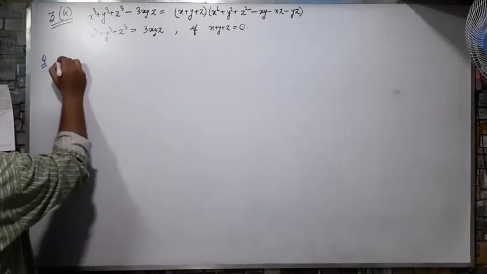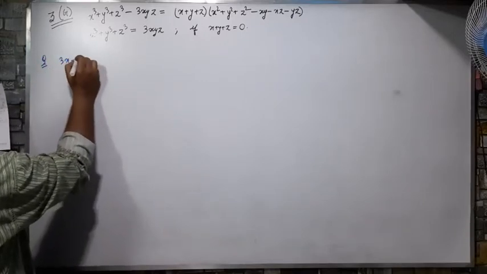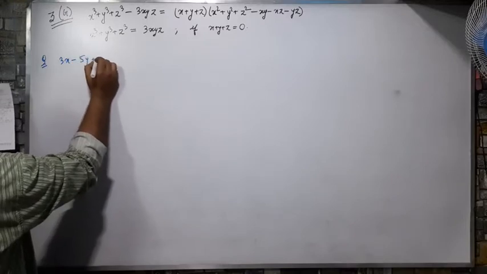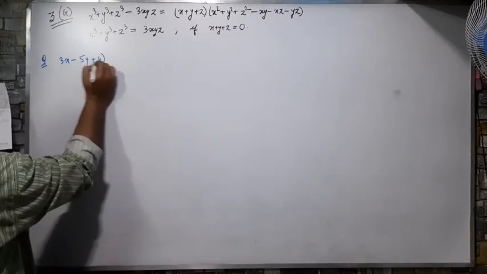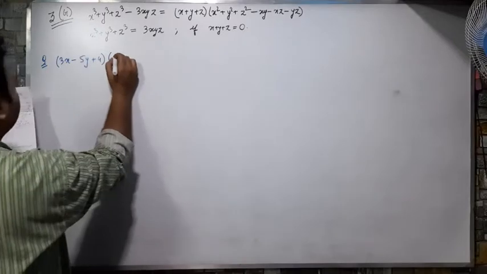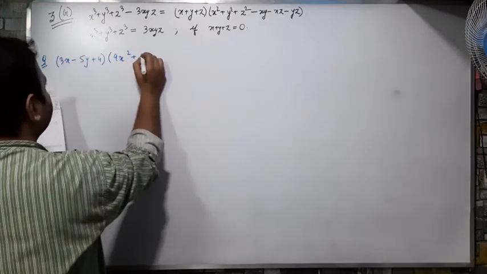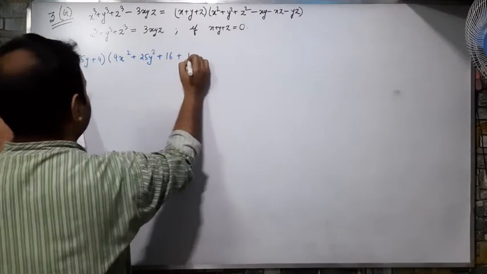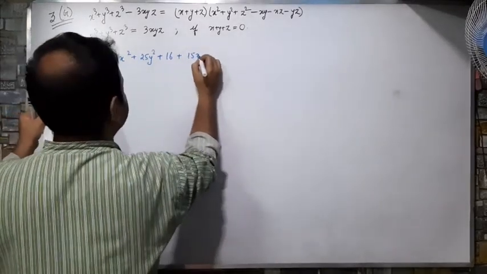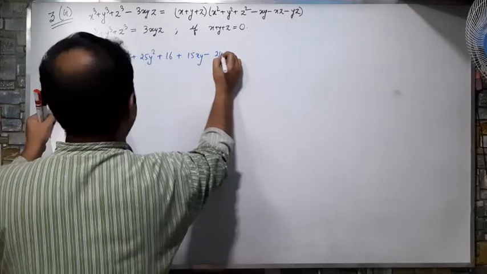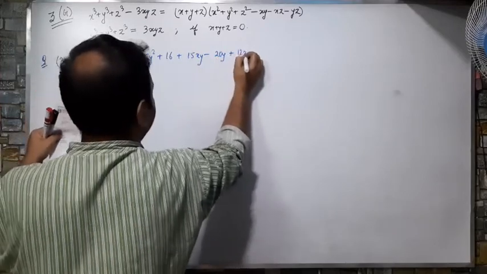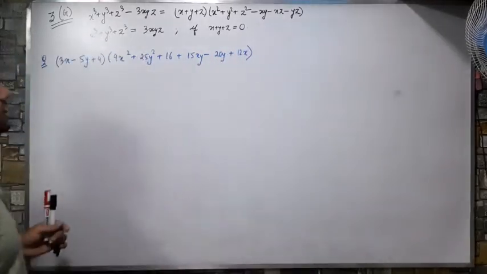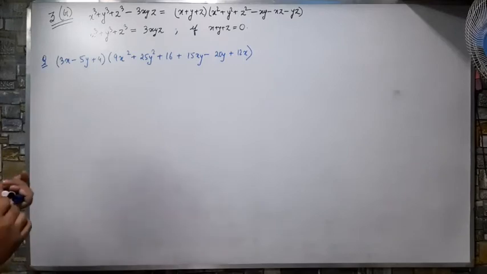The first question, 3x minus 5y plus 4 into 9x square plus 25y square plus 16 plus 15xy minus 20y plus 12x. So this is my question.